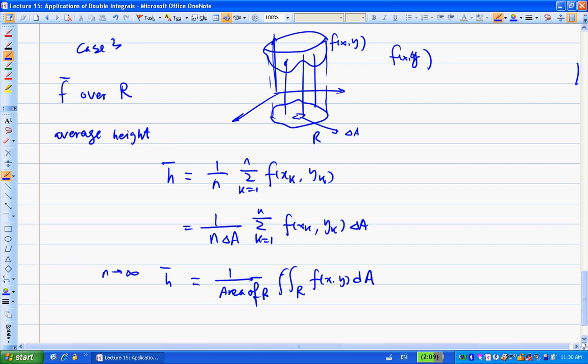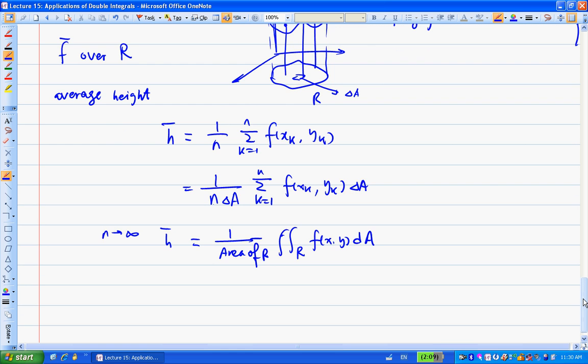So this is basically the physical meaning of what this expression means. When you use a double integral, integrating function f over the region R, what you get is the average of the function f. Now, when you learn a statistics course, you probably will see this kind of formula again, double integrals.